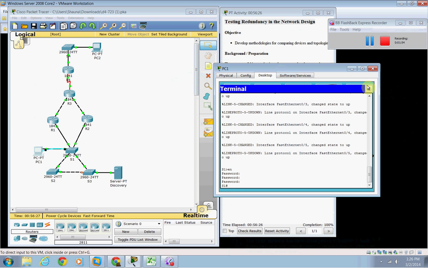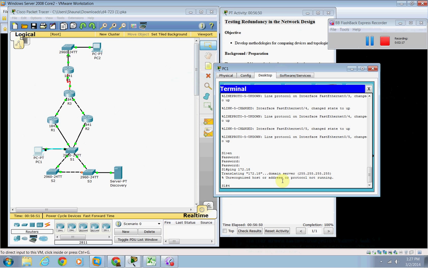Alrighty. I don't see where it ever gave me that password, but anyway, we figured it out. So we're going to ping router 1, which is 172.18.4.1.